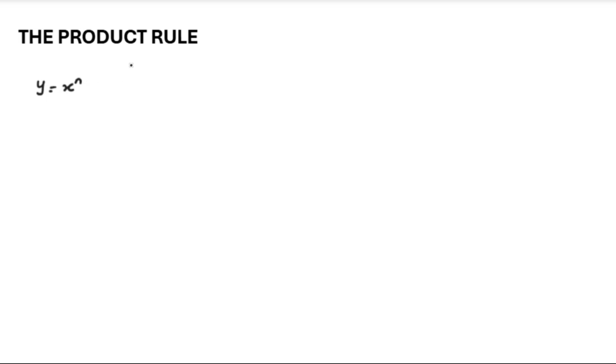Now, let's assume that we have a function u and we have a function v. Let's say u is defined by x raised to power 2 and v is defined by x raised to power 3.